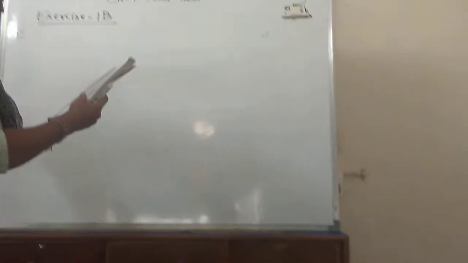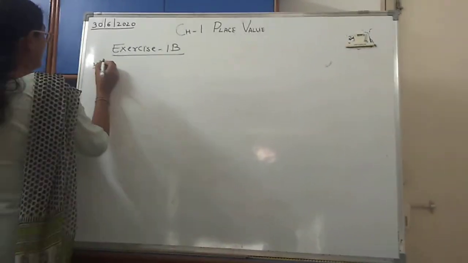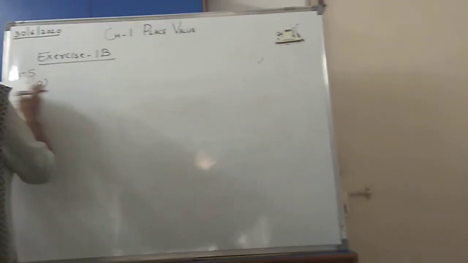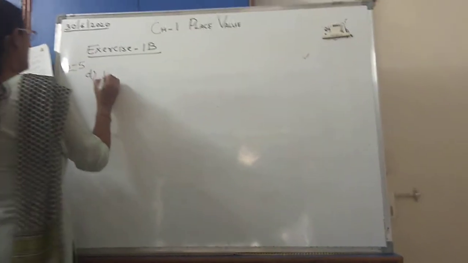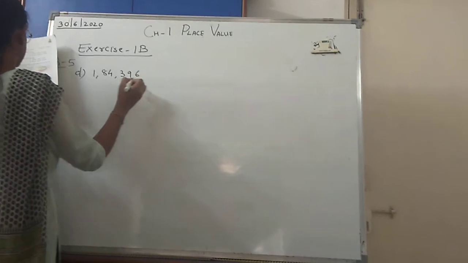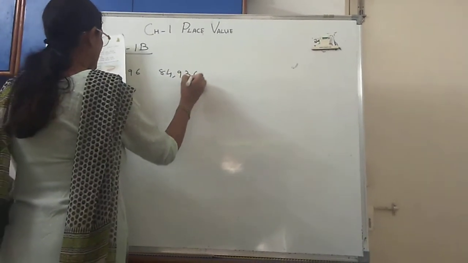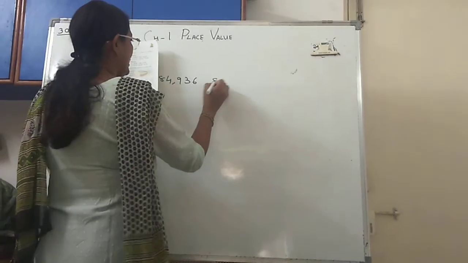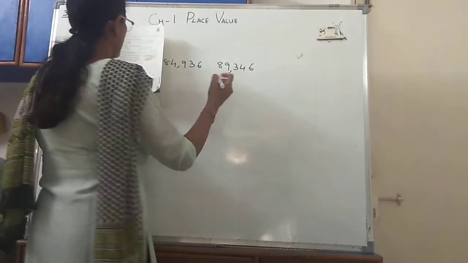Rearrange the following numbers in ascending order. In that, number A I am doing for you. Or let me do number D. It is quite big, so let me do number B. 1,84,396. 84,936. 89,346.